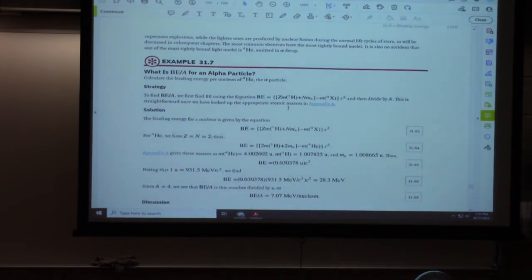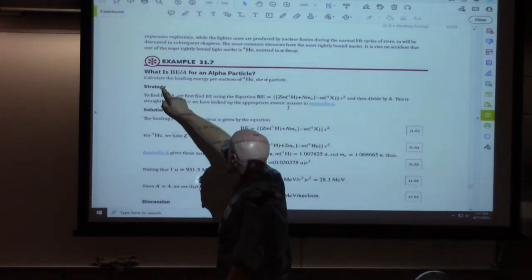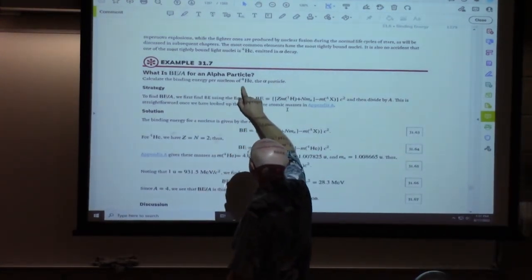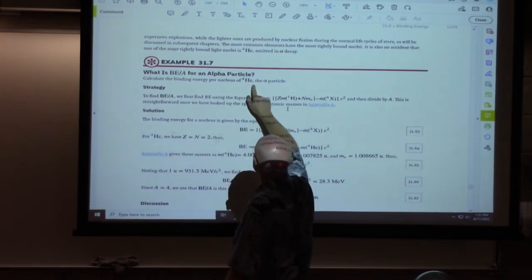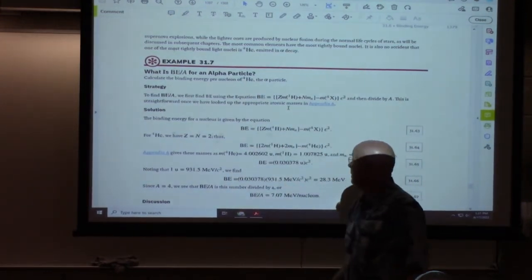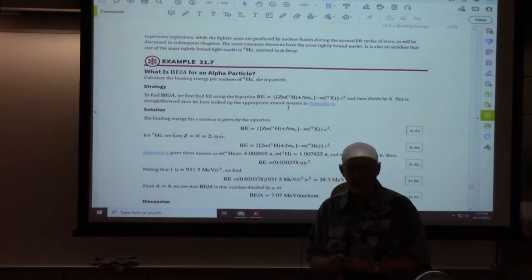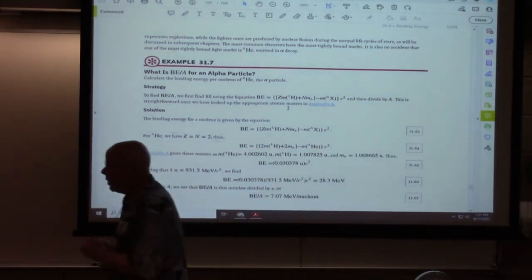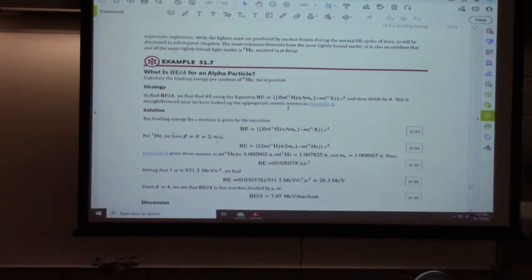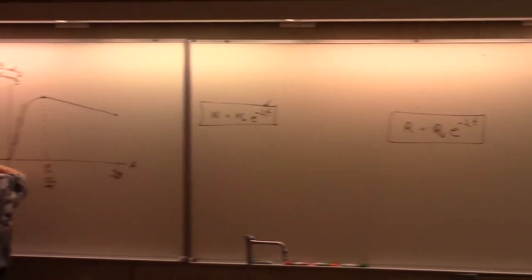Yeah, here it is. So example number 7. Calculate the binding energy per nucleon for helium-4, the alpha particle.